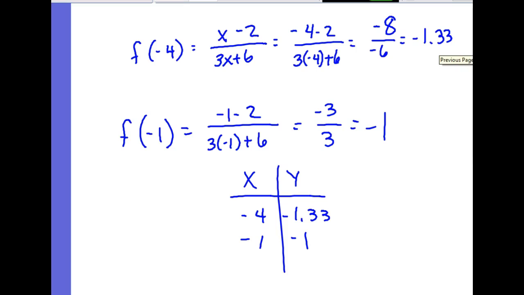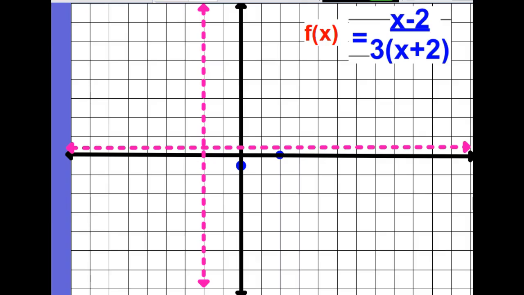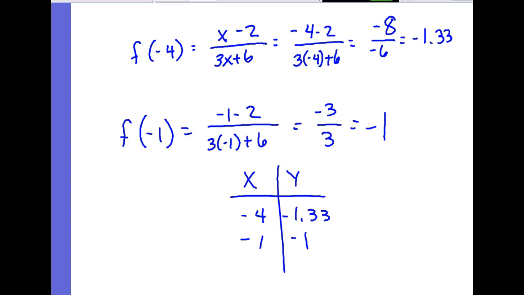Now, graph. One, 2, 3, 4, and -1, 1/3. That didn't look right. And -1 and -1. Let me check the sign on that problem. The negatives would cancel out.